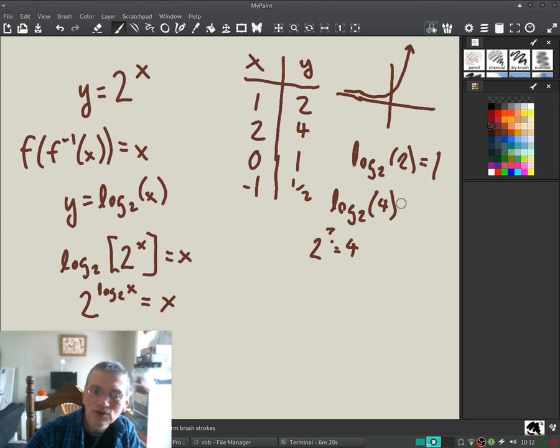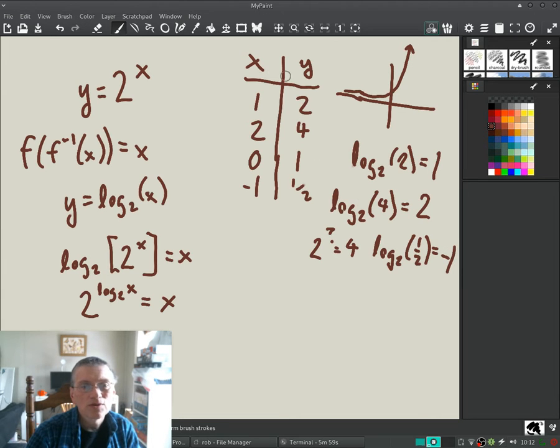This is how we're undoing it. And we know 2 to the 2 equals 4. Log base 2 of 1/2. What number do we have to raise 2 to get 1/2? Well, here it's minus 1. This equals minus 1.